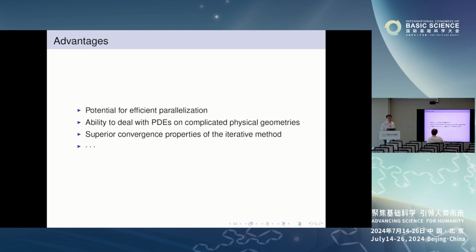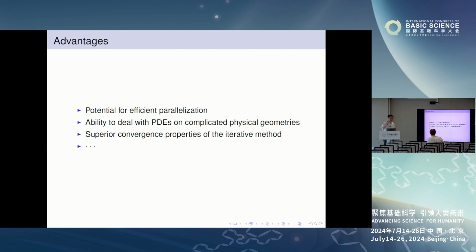There are lots of advantages to these methods. Actually, this method has potential for efficient parallelization. This method also has the ability to deal with partial differential equations on very complicated physical geometry.